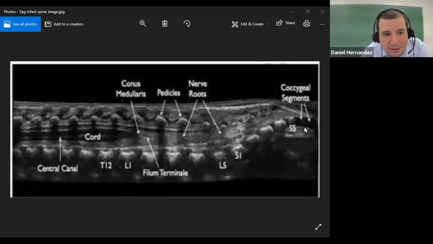So over here you see your hypoechoic coccyx, and you start counting your echogenic vertebral bodies. So S5. That's why it's important to know your numbers: there are five sacral, 5 lumbar, and 12 thoracic. So your S5, you count backward 4, 3, 2, 1. L5.